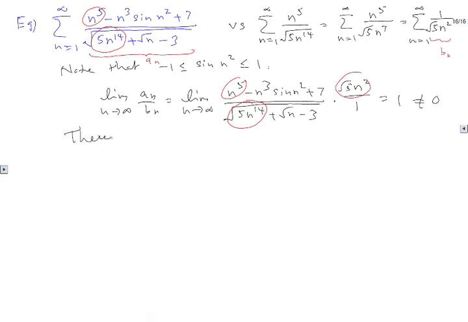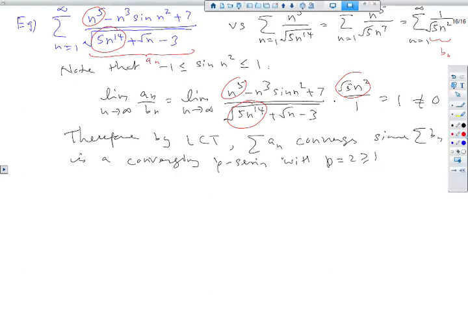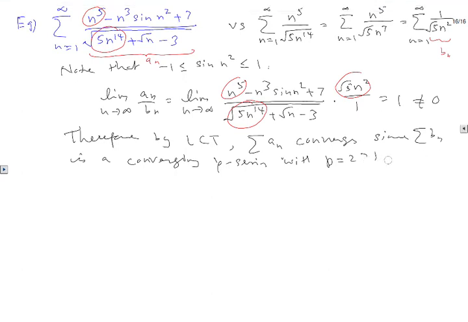Therefore, by the limit comparison test, the series an converges since the sum of bn is a converging p-series with p greater than 1.